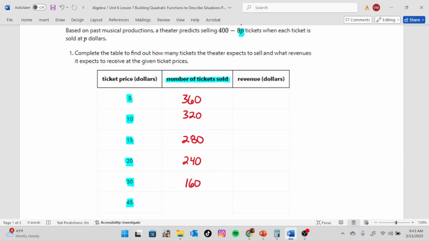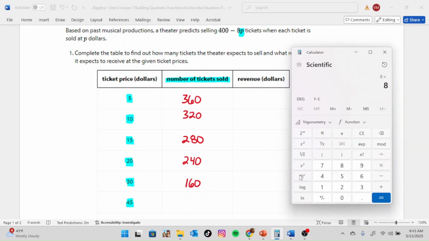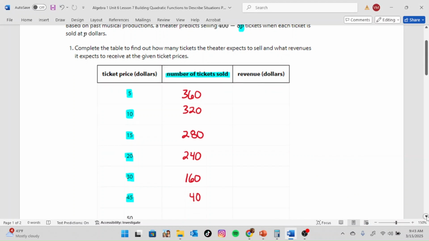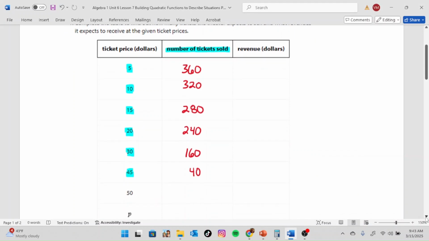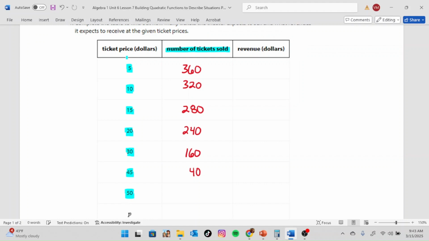If it's $45, then 8 times 45 is 360. So 400 minus 360 would be 40 tickets. Then we'll continue to do the same thing with these last two.